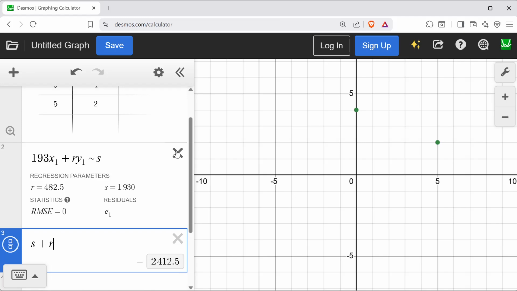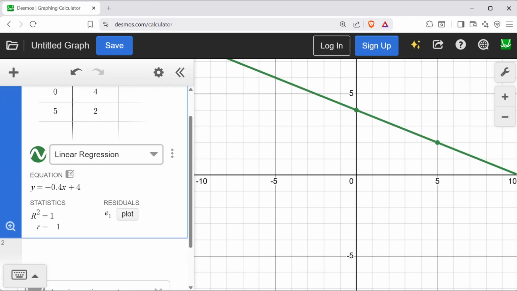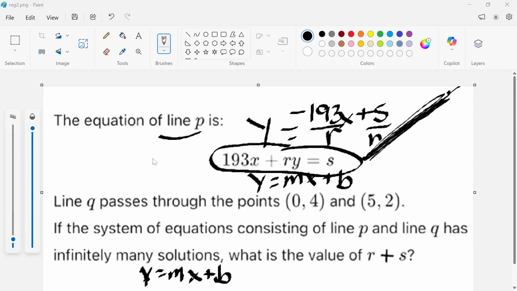Now what if I did it the other way? What if I pressed this button? I got y equals minus 0.4x plus 4. Now what?